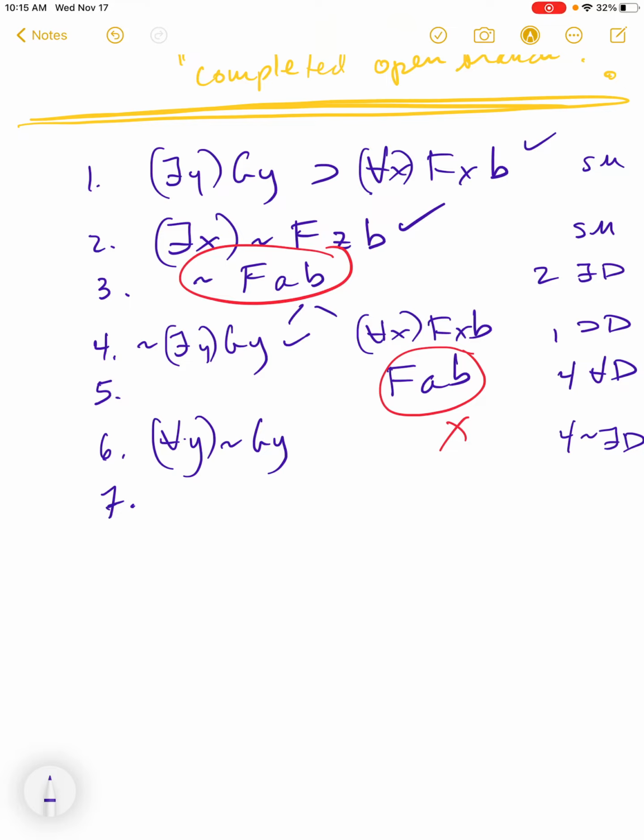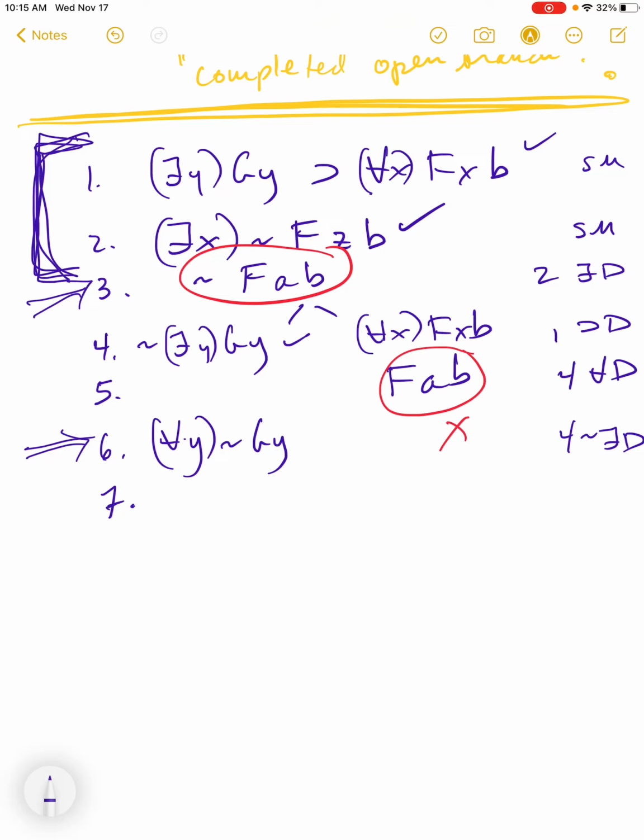So another way to think about this is what I'm doing when I'm constructing a tree is I'm wondering, is there an interpretation that makes these two true? Well, if there were, then it would have to make something like that true, and then it would have to make this true.